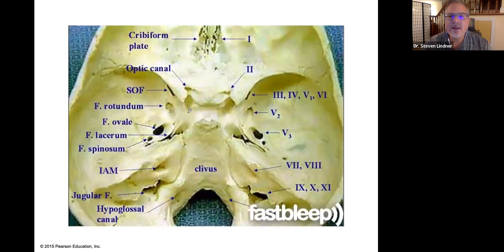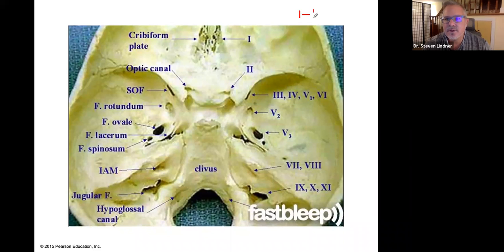And I do have another slide here that shows, again, on the left-hand side, all the holes, all the foramen. And on the right-hand side are all the cranial nerves that go through it. There are 12 cranial nerves, right?